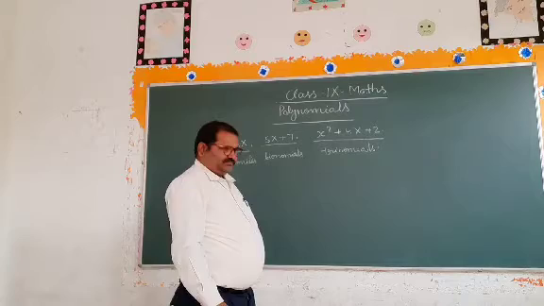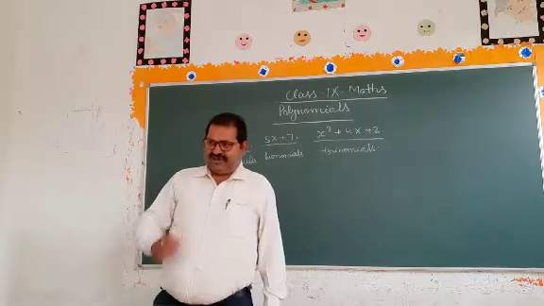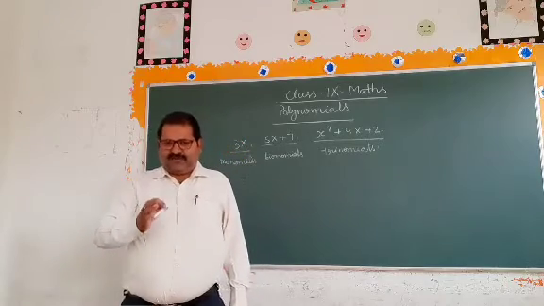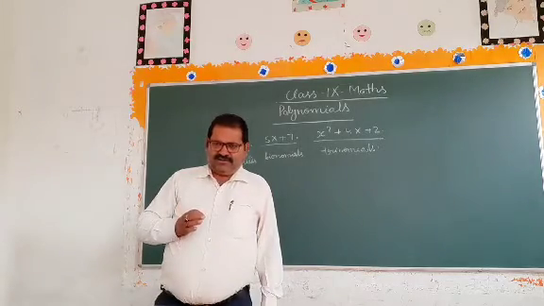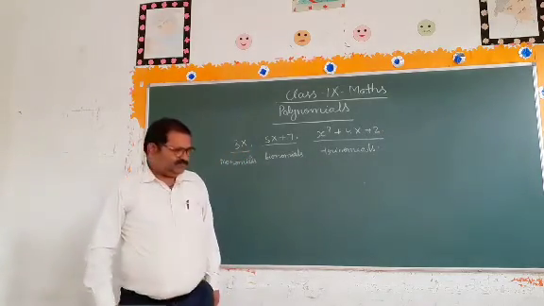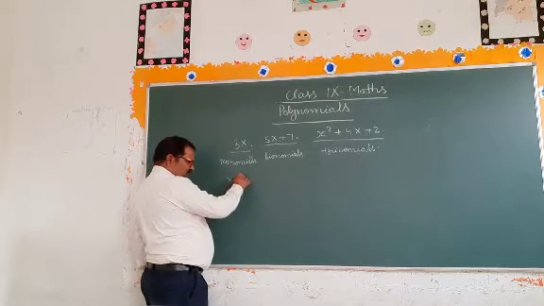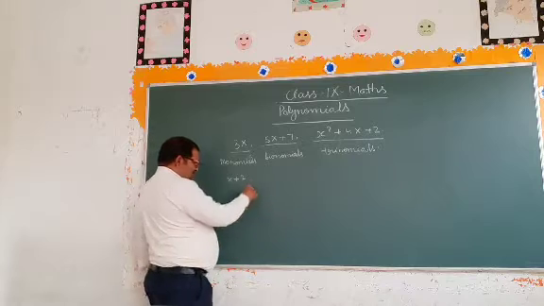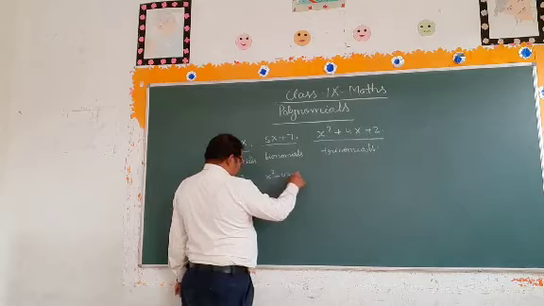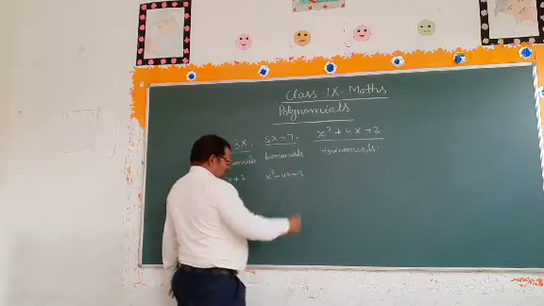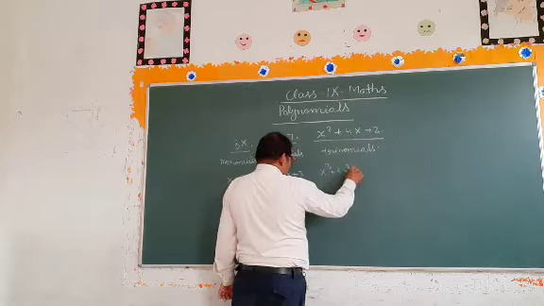And algebraic expressions can be classified with the help of linear, quadratic and cubic. So take the expressions x plus 2, x square plus 4x plus 3, and x cube plus 5x square plus 7.